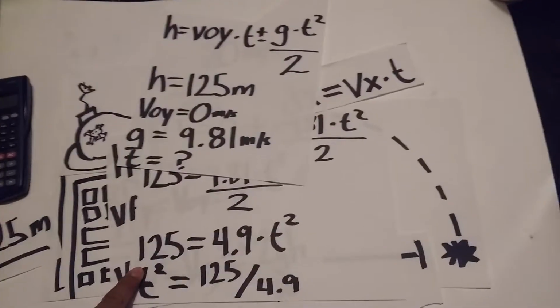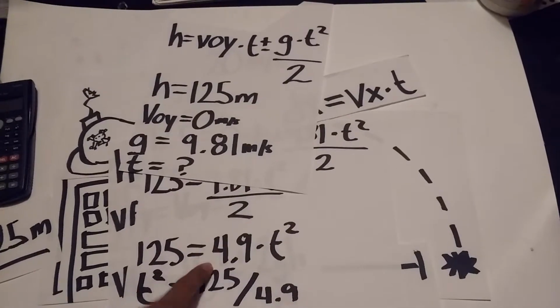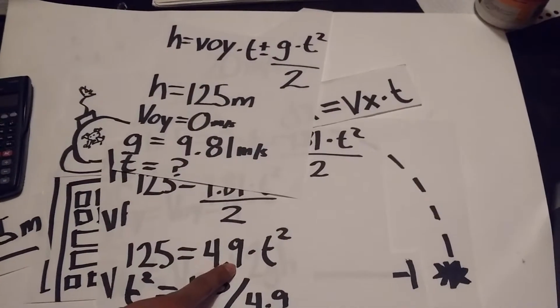So 125 is equal to 4.9, since 9.81 divided by 2 is 4.9.